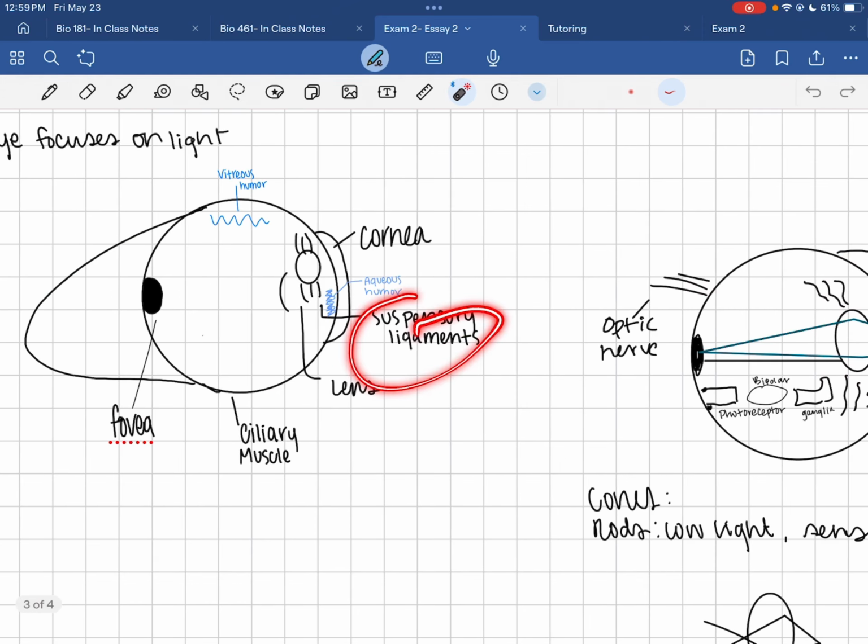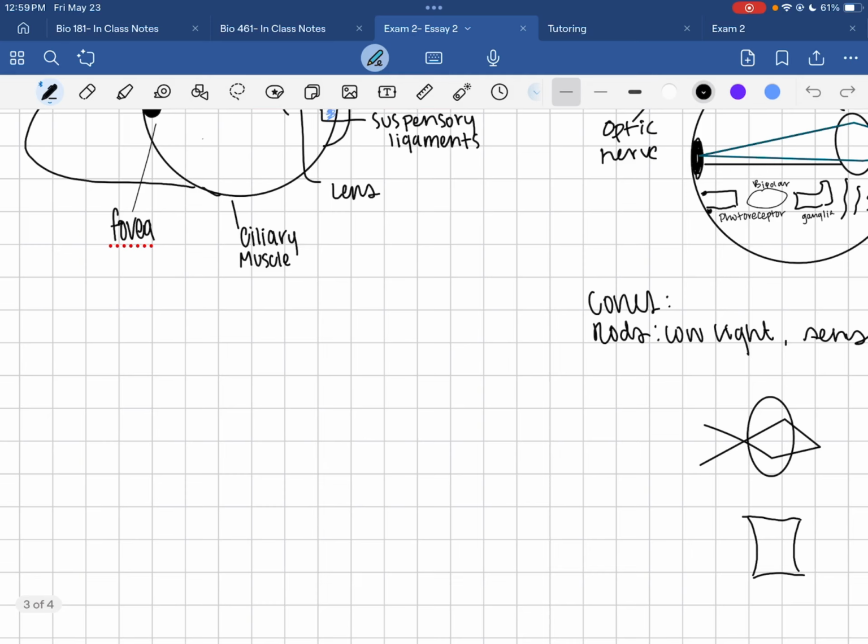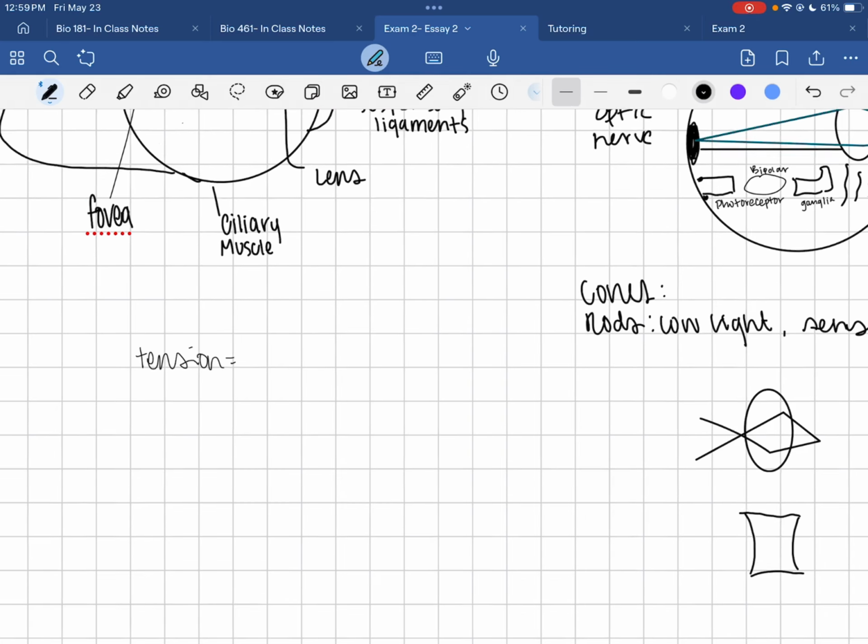And then we have these suspensory ligaments, which don't have any, so there's no tension on the suspensory ligaments. But when there is tension, the lens thickens. So it's at its natural shape.